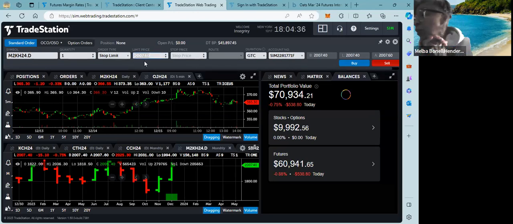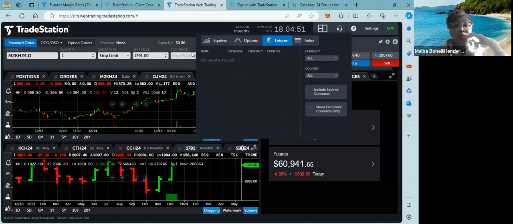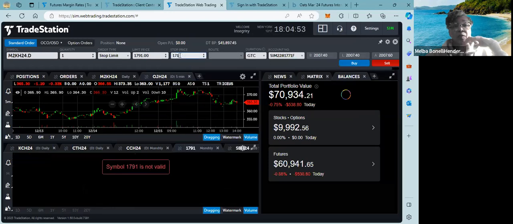So for this one, we're going to put in the sell limit, which is 1791. And that's for sell. So this is where you click for sell limit.